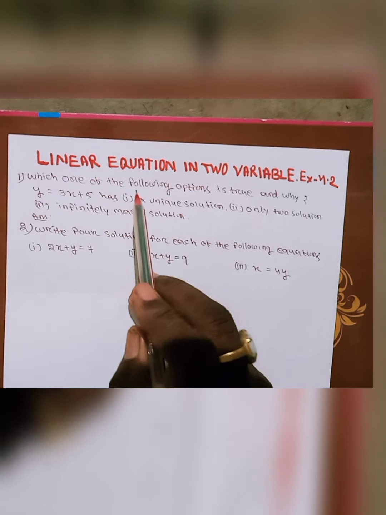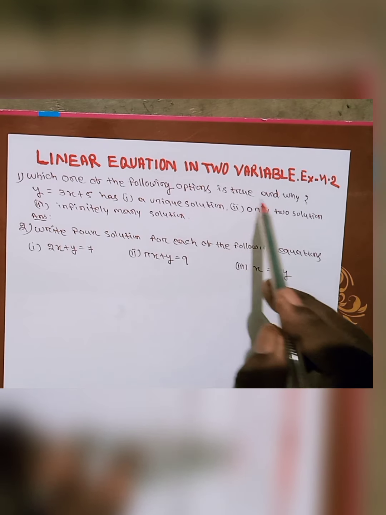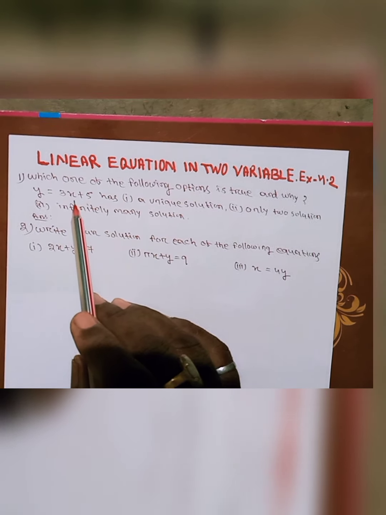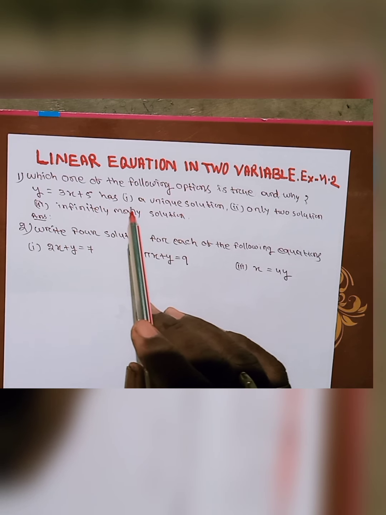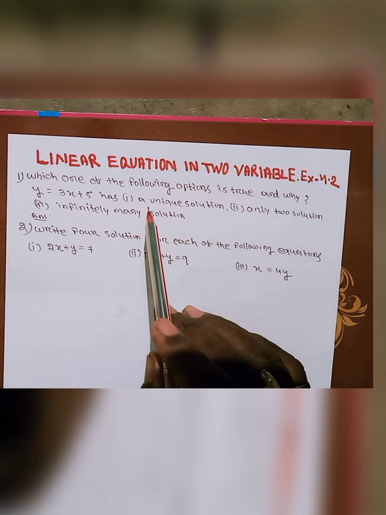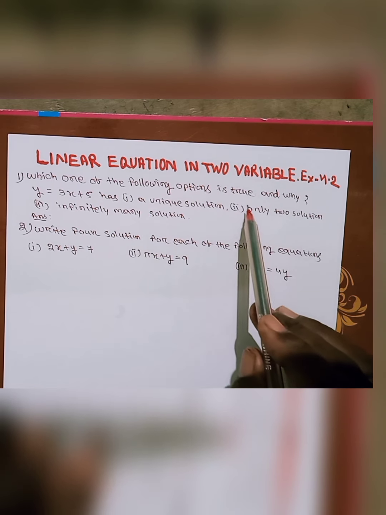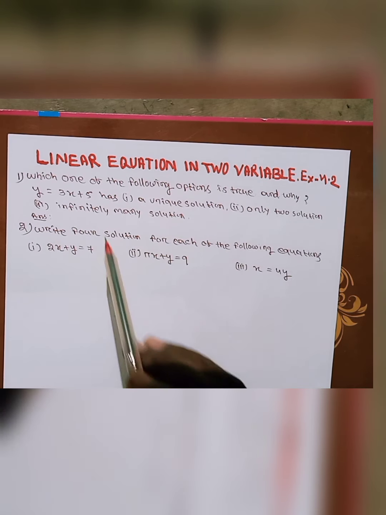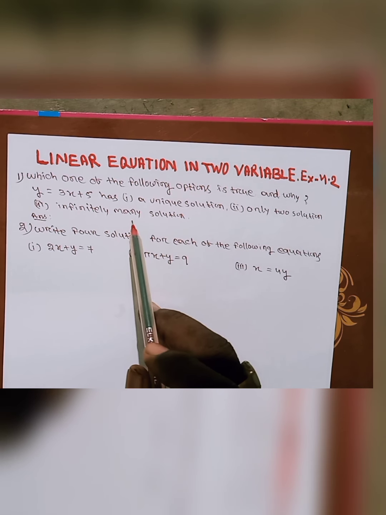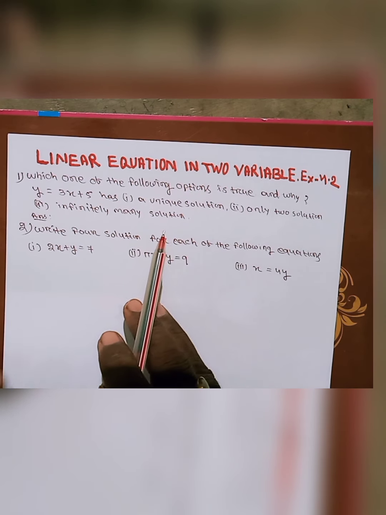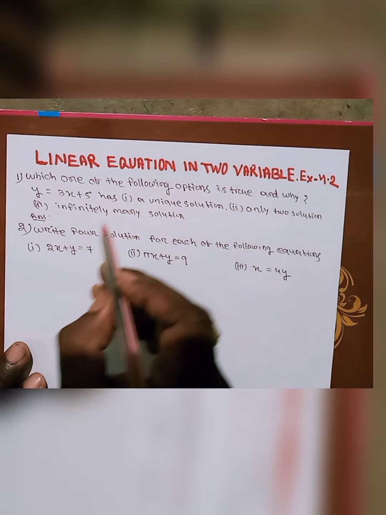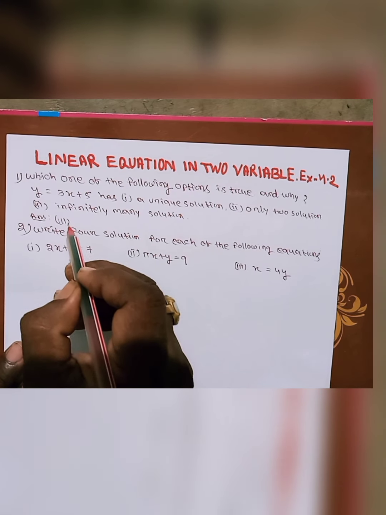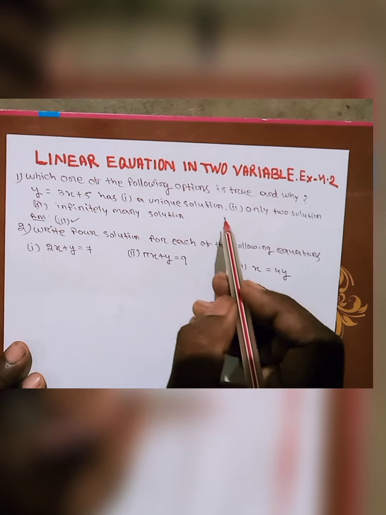Which one of the following options is true and why? y is equal to 3x plus 5 has option 1, a unique solution; option 2, only two solutions; option 3, infinitely many solutions. So which one is right? The third one is right. But why?